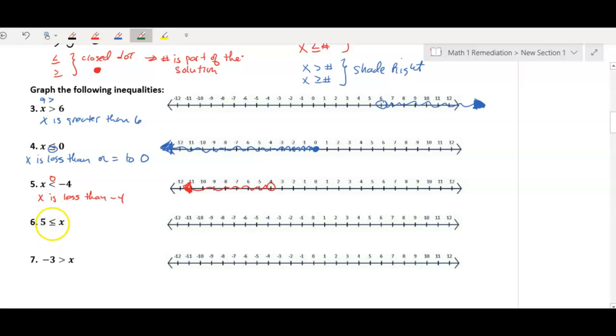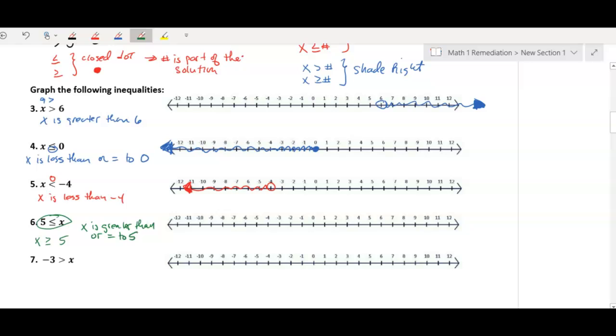Now, the next one. I highly recommend we always read from the variable to the number, or we rewrite these problems with the variable on the left. I write x on the left, 5 on the right. This little alligator is eating x right now, so I have to keep it eating x. So now when I go to graph that, I read this as x is greater than or equal to 5.